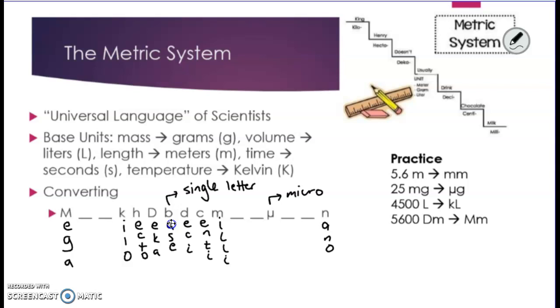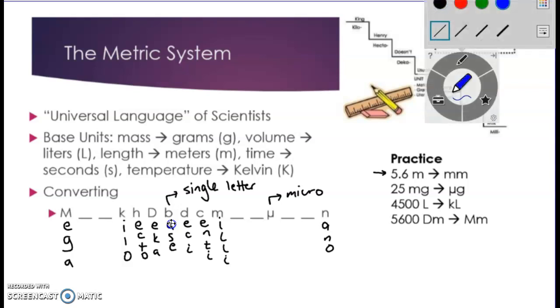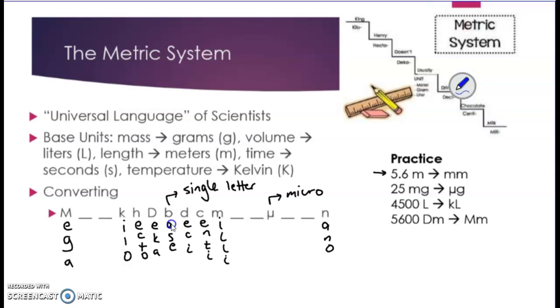Let's do one together. So we're going to do this first one. Anytime you see a single letter, it's the base. So what we're going to do for this one is, since it's just an M, we start at the base. So we're going to start here. And then when we have two letters, we focus only on the first one. So we're going to go to the M, lowercase m.